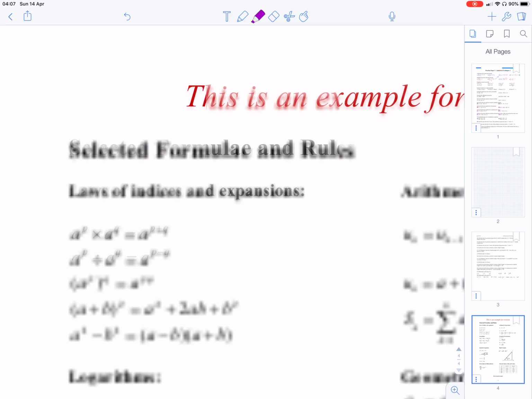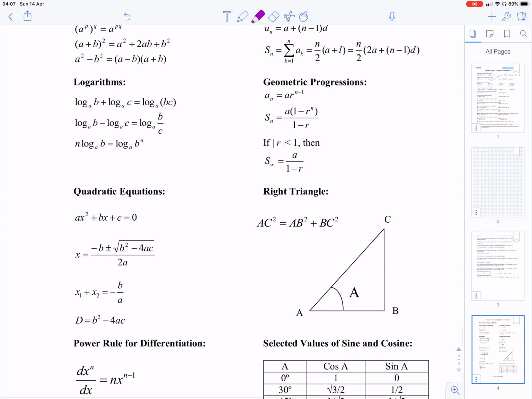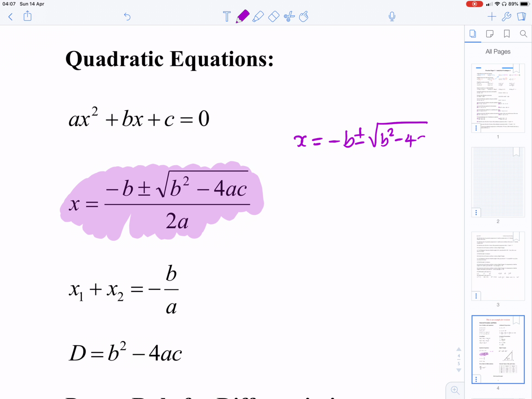So first of all, the quadratic formula is just this formula here. This is the quadratic formula. So what does it say? It says x is equal to minus b plus or minus square root of b squared minus 4ac over 2a.